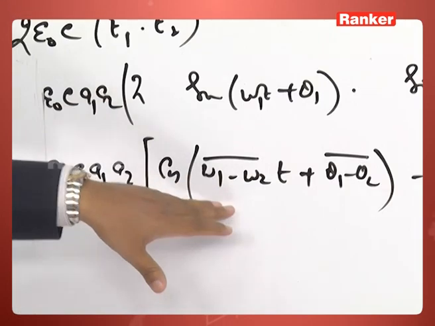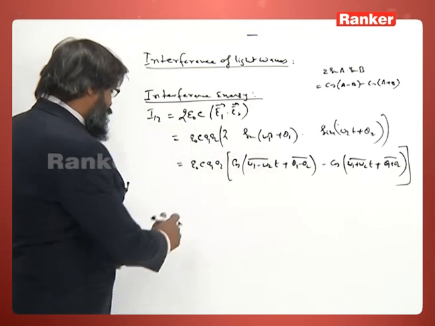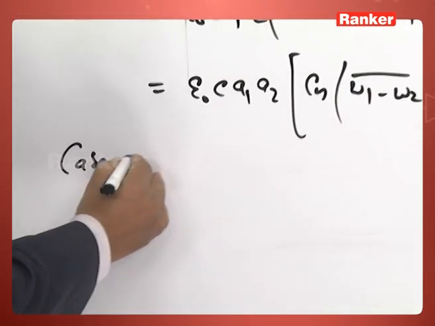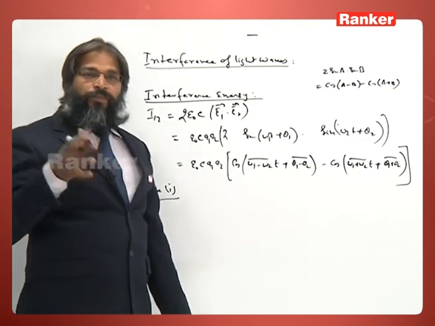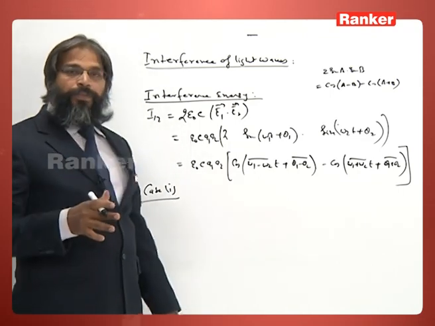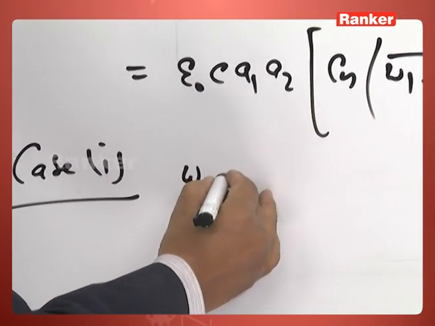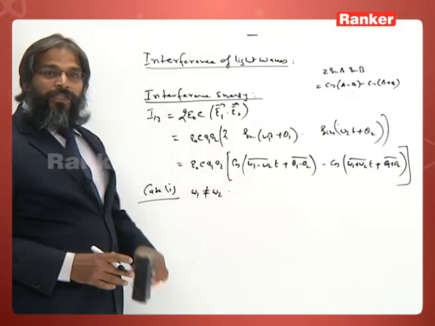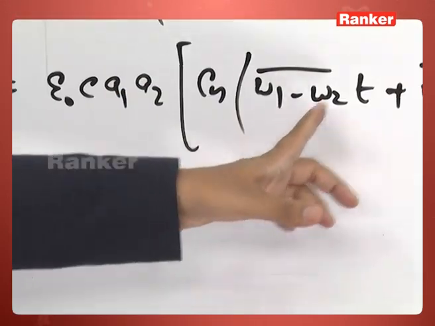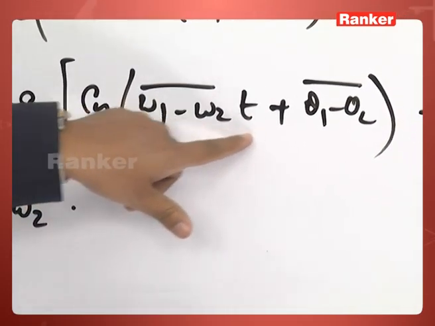Now we will get 2-3 cases. Let us see case 1. Now, if two waves of different frequency add up, what will be the result? That means if omega 1 is not equal to omega 2. So, you see, if omega 1 is not equal to omega 2, that means this term is finite.